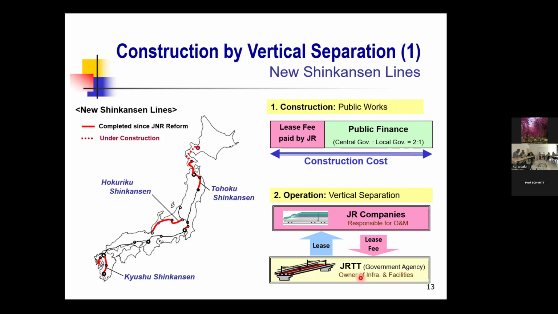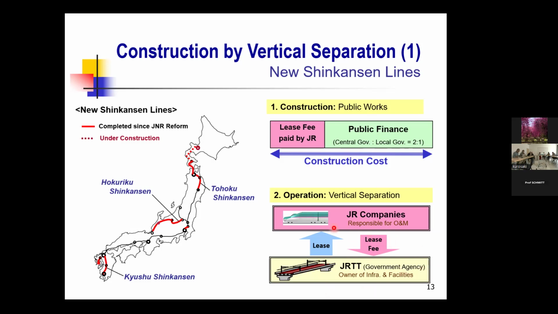In these cases, the public authority, namely JRTT, implements construction work using the public finance. And the JRTT owns the infrastructure after the open of the line.